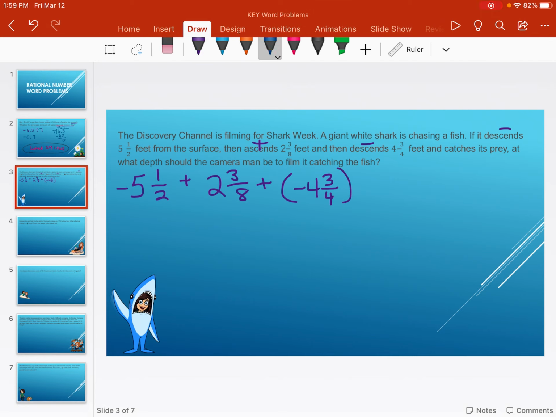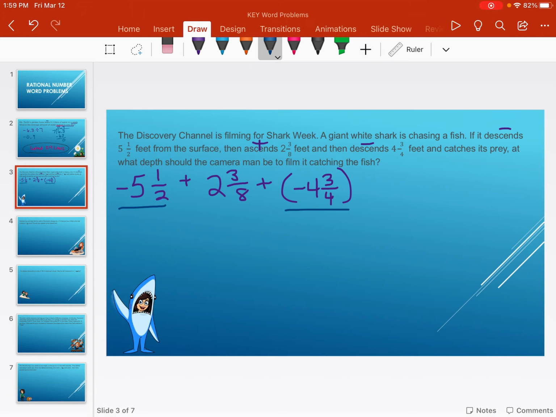Okay, so now I'm just going to do it one step at a time. I'm actually going to switch this around. If you remember, our commutative property says that we can move our order around for addition problems. So I'm going to add my two negatives because same signs add and keep, just to make this a little bit easier.